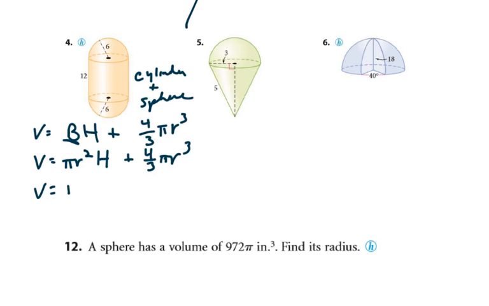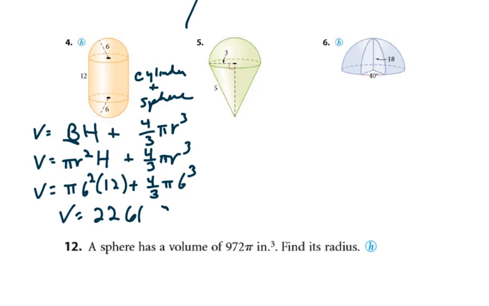So pi 6 squared times 12 plus 4/3 pi 6 to the third. And then type that in the calculator. 2261.9 centimeters cubed.